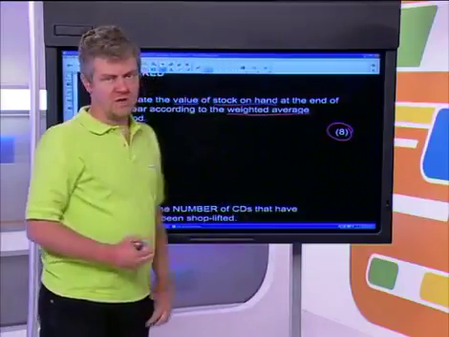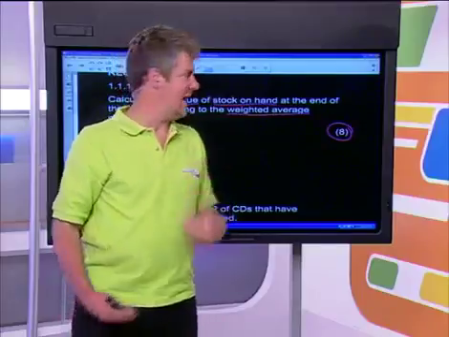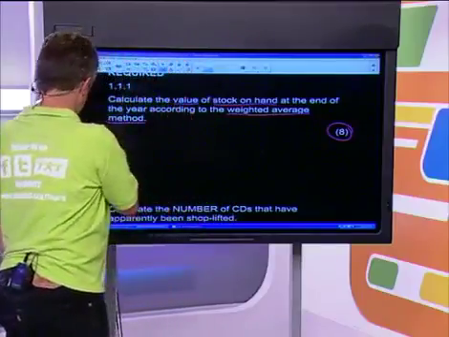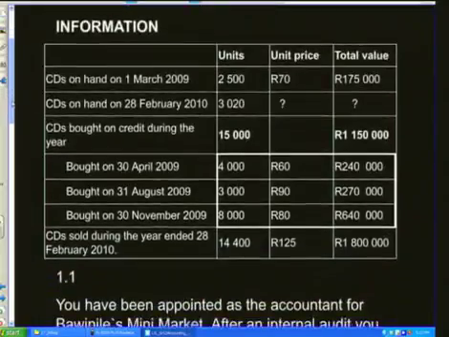With the weighted average method, what you need to realize is that it calculates the value of the stock based on the average prices of all of the items that you had in stock at the time. The best way to explain this is to look at the information we've been given.